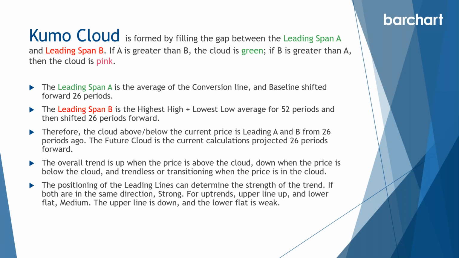Now, for uptrends, if the upper line is moving up and the lower line is flat, then that's an indication that our trend is at a medium strength. And if the upper line is down and the lower line is flat, then that's a sign that our trend is weak or weakening. And it would just be the opposite if we're talking about bear markets.